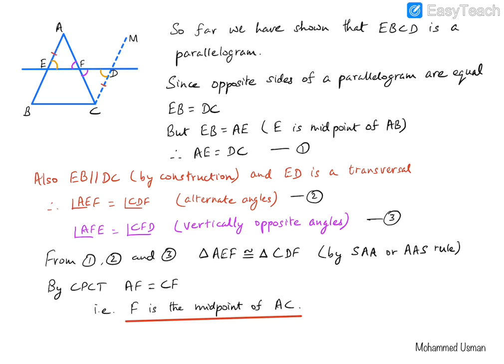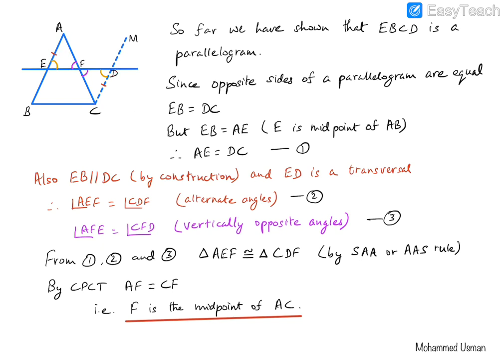So therefore, this AE is equal to DC as well. Okay, so because it's a parallelogram, EB is equal to DC. So we have EB equal to DC, but EB is also equal to AE, therefore AE will also be equal to DC. That's our first observation from this, that AE is equal to DC.